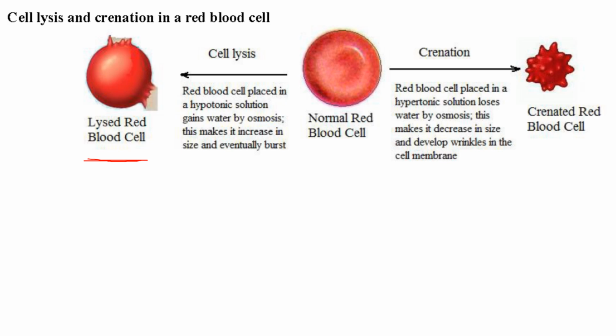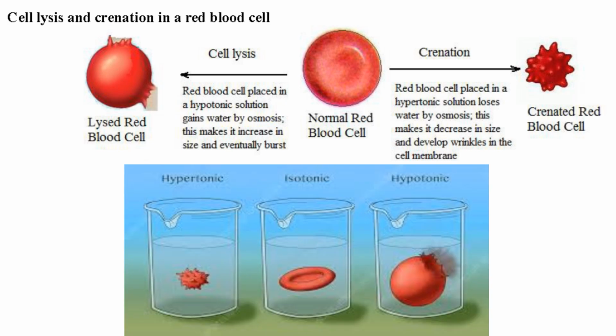Then in the hypertonic one, it becomes crenated, where it will reduce in size. That is an illustration of the three types of solution: hypertonic, isotonic, as well as hypotonic.